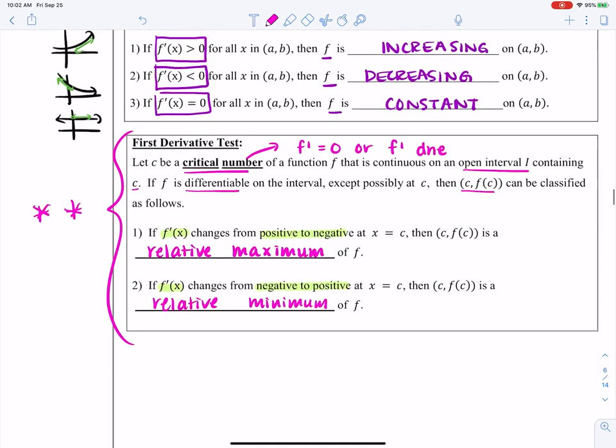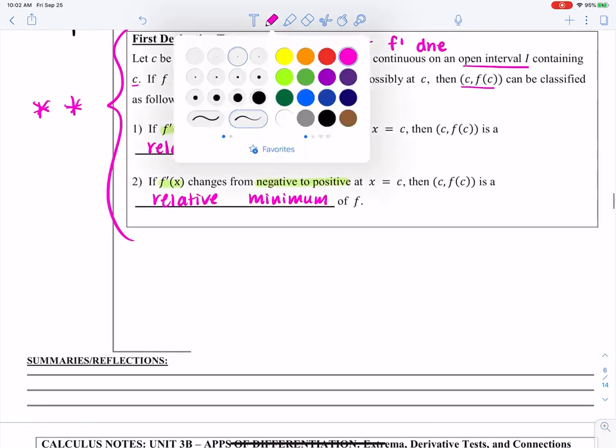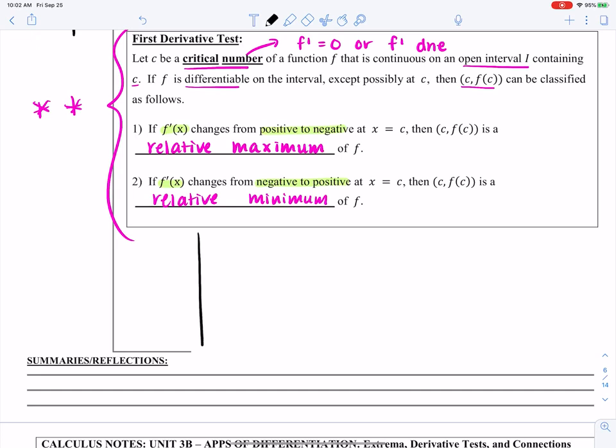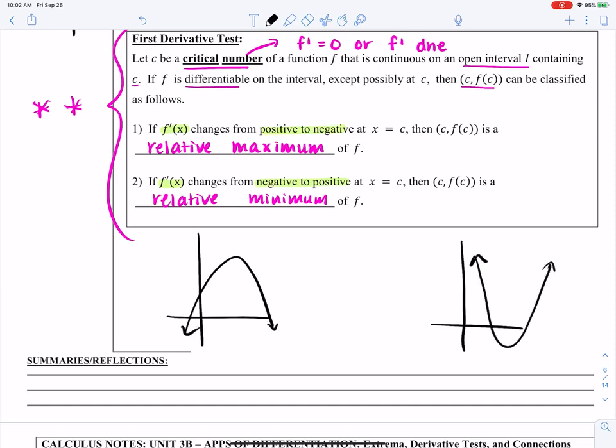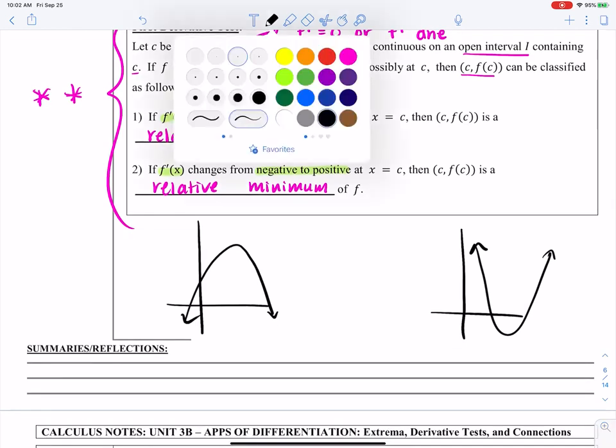So let's sketch this out. Our classic example is a parabola. I think that makes the most sense to draw here at this point. Let's look at both of these.